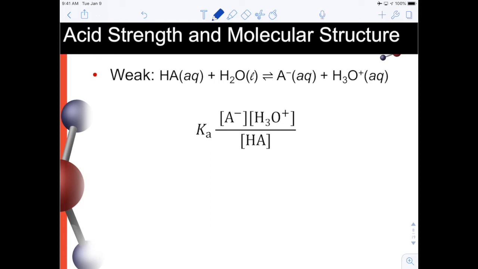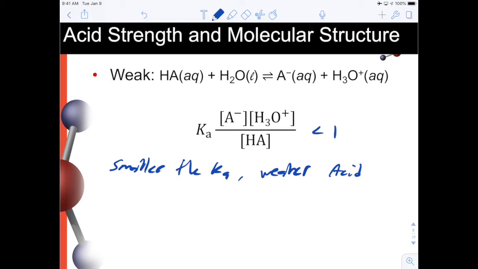Now, following the same reasoning, the smaller the Ka, the weaker the acid. So this is a weak acid, and this Ka is going to be less than 1. Effectively, you can say the smaller the Ka, the weaker the acid. That applies to bases too.